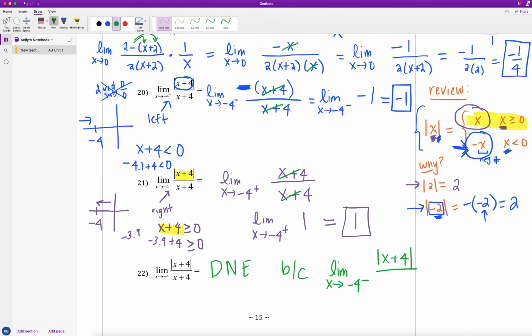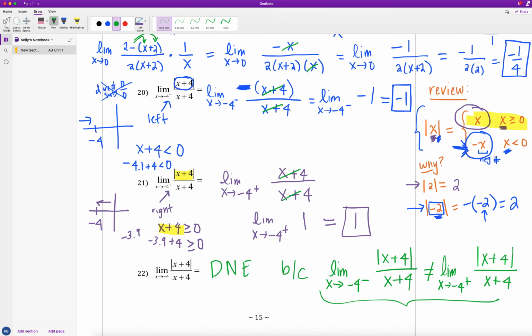So the limit from the left was this first statement here. That does not equal the limit as x approaches negative 4 from the right-hand side of our function here. And our function that we were dealing with this time was the absolute value of x plus 4 over x plus 4.